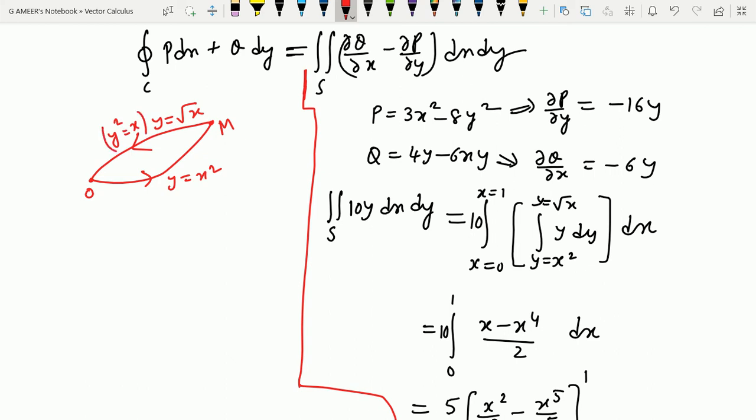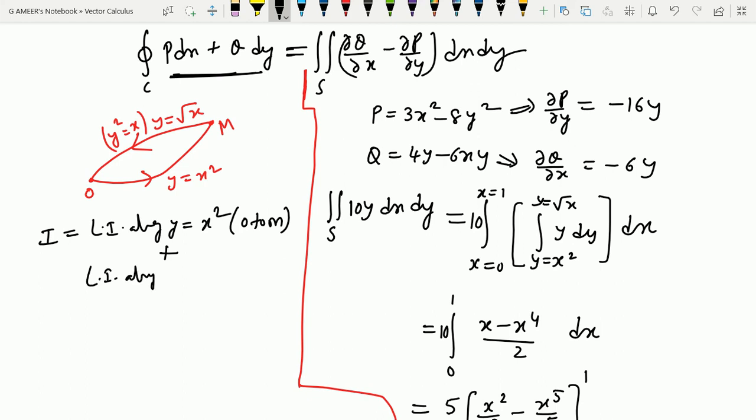So the line integral, let us take this entire integration as I. So I will be equal to the line integration along y is equal to x square, that is from O to M, plus the line integration along y equal to root x, that is y square is equal to x, from M to O. So it has two parts.